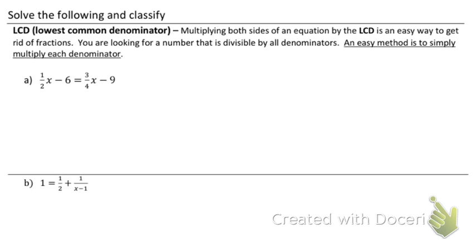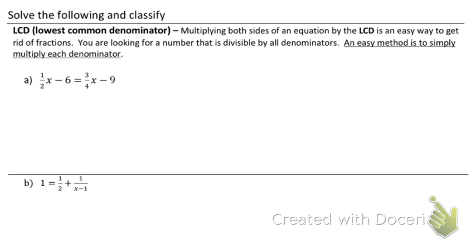Now, like I said, we're going to build up to clearing out fractions. That's our goal today. The big thing we're going to talk about is clearing out fractions. Clearing out fractions means we need to find something called the lowest common denominator. In other words, we're trying to multiply both sides by a number that will clear out the denominator or clear out our fractions. We're looking for a number that 2 and 4 both go into.